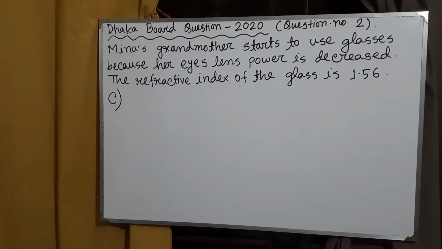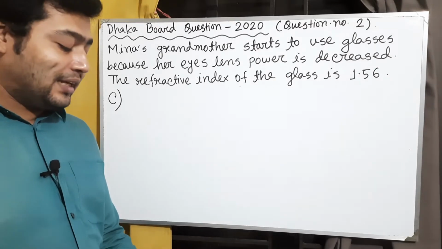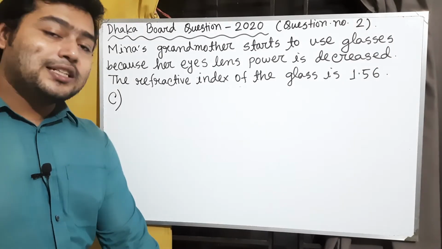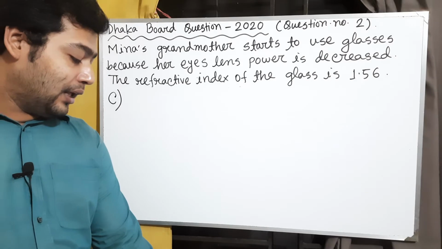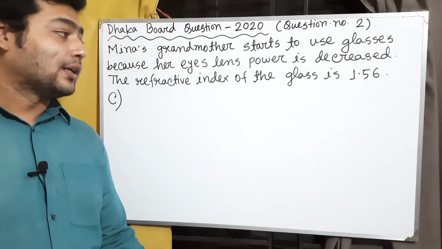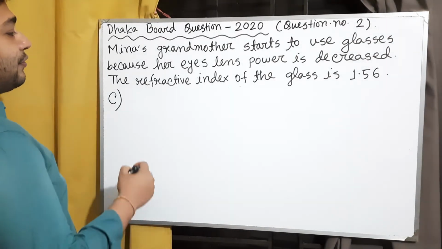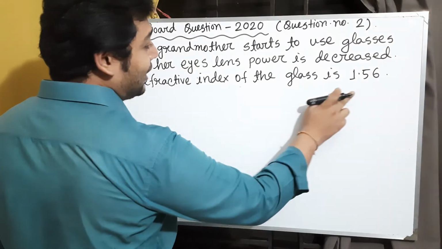Now we will calculate question C. Here the question is, determine the critical angle of the material of the glasses. For this we are given only the refractive index of the glass.